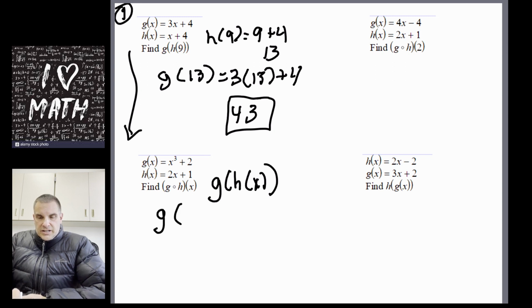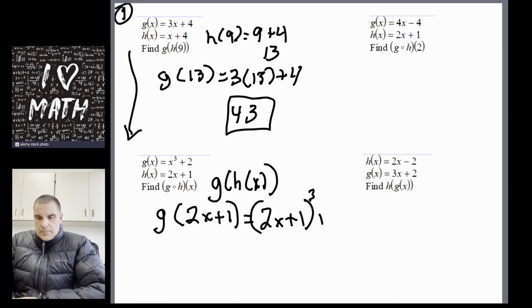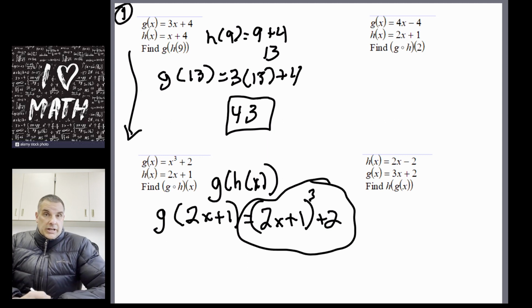We know our h of x function is 2x plus 1. So anywhere in the g function that I see an x, I'm going to replace it with 2x plus 1. So that's going to equal 2x plus 1 cubed plus 2, and we'll call that good enough.